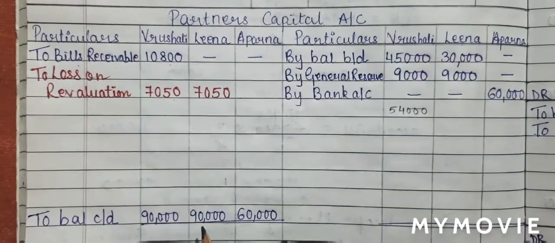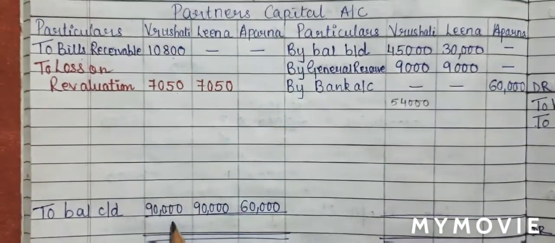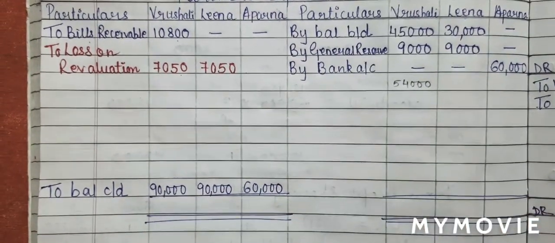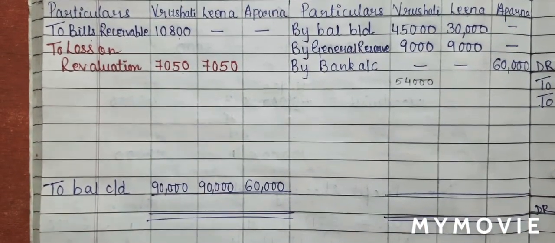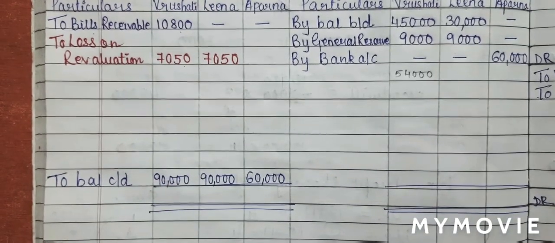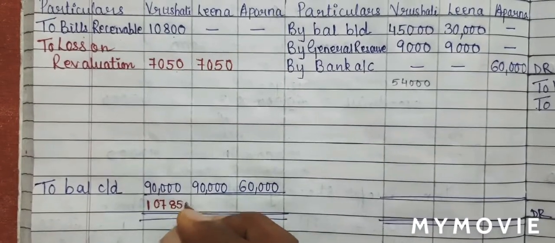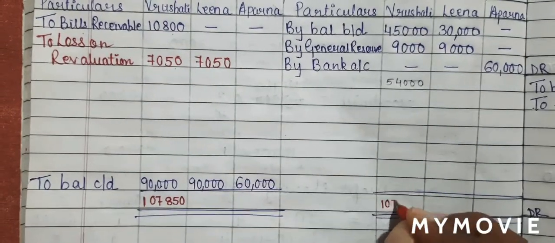Now if you compare students, our debit total is greater than the credit total. So we will write bigger total on both the side. So let's write 1,07,850 on both the sides.